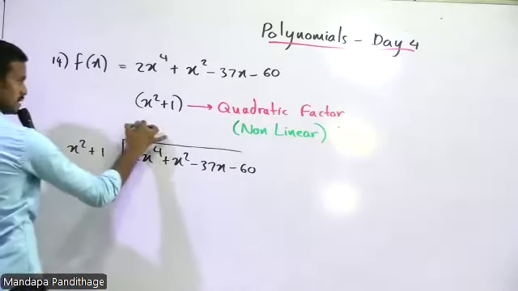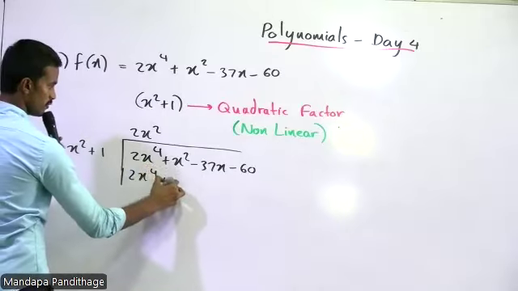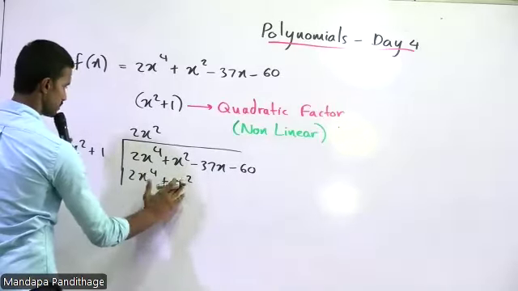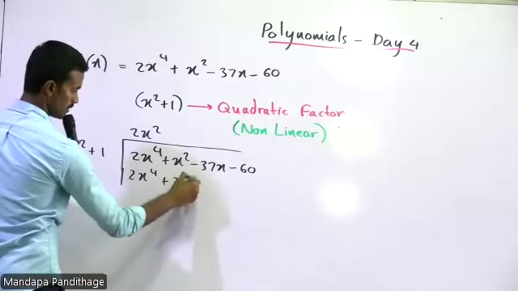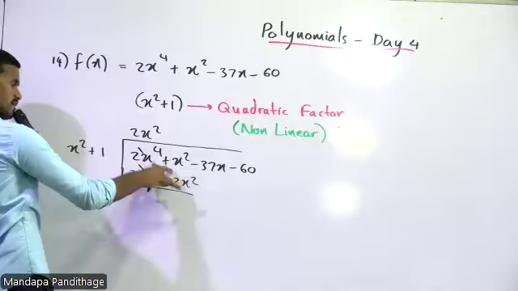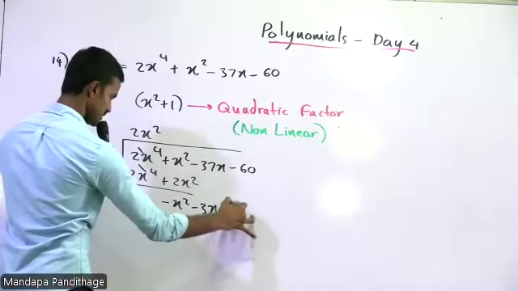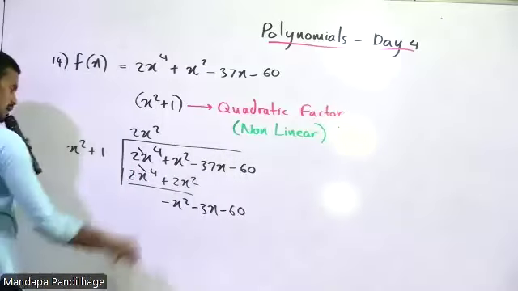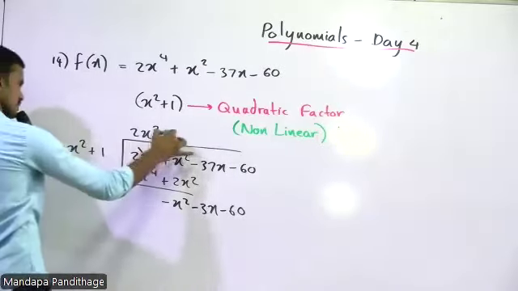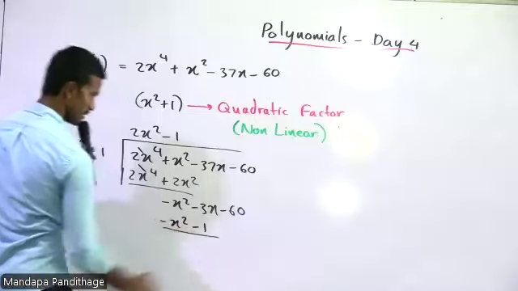2x to the power 4 divided by x squared is 2x squared. When you multiply, it's 2x to the power 4 plus 2x squared. These two cancel off. 1 minus 2 is minus x squared. Minus 3x minus 60. Minus x squared divided by x squared is minus 1. Minus x squared minus 1.